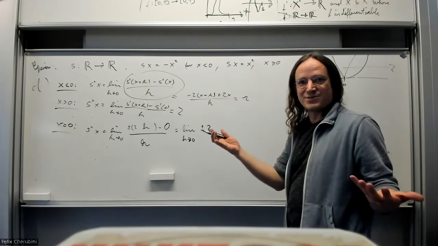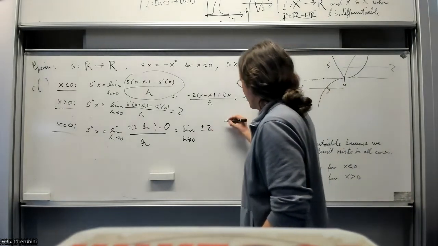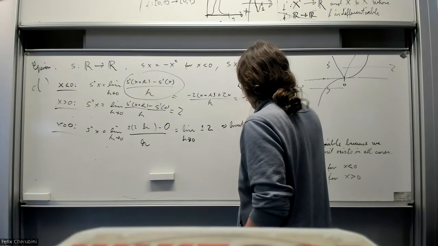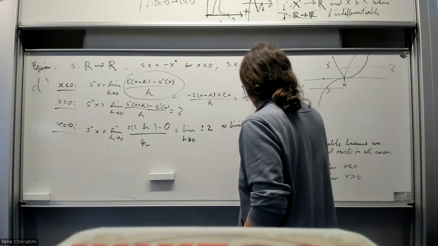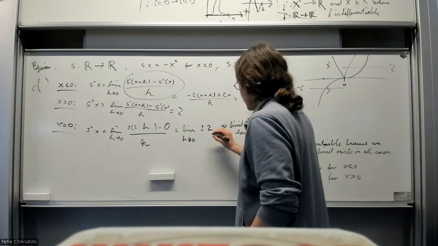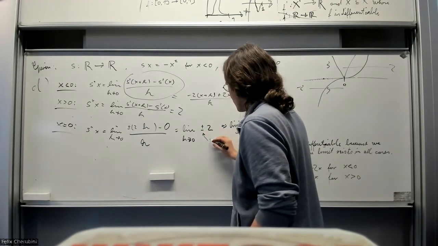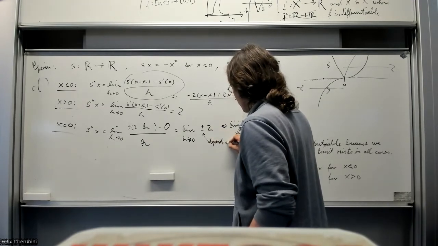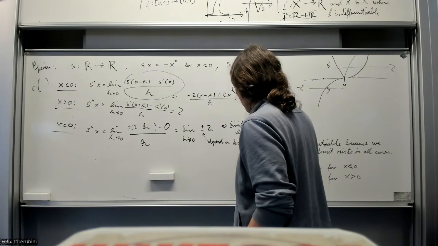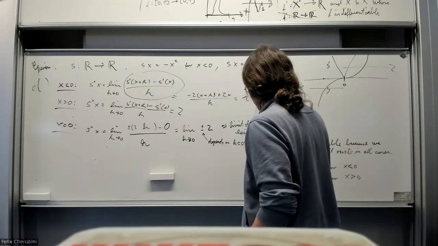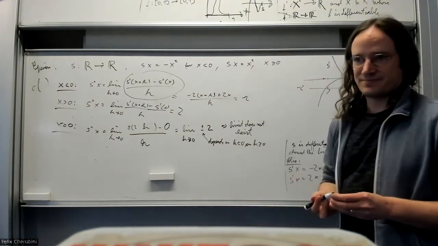We have two numbers here, so the limit does not exist. We could also be a bit more specific: it depends on h smaller than 0 or h greater than 0.